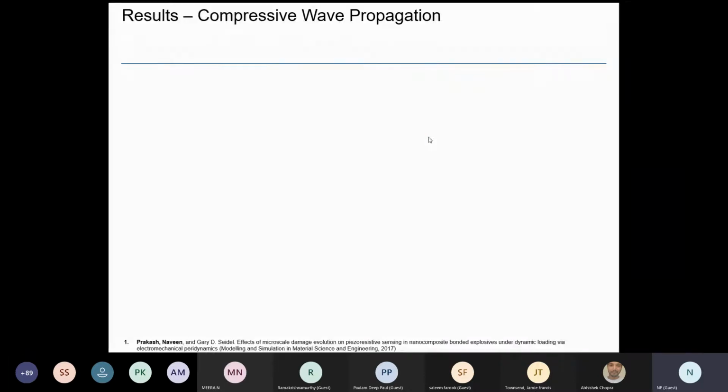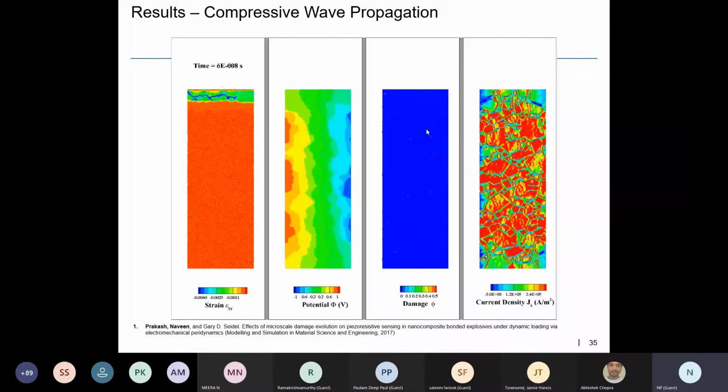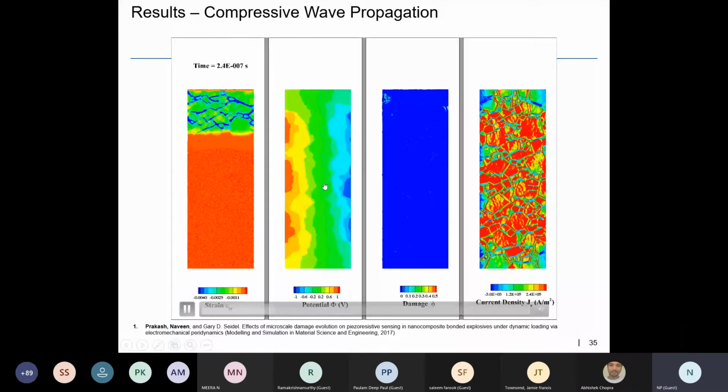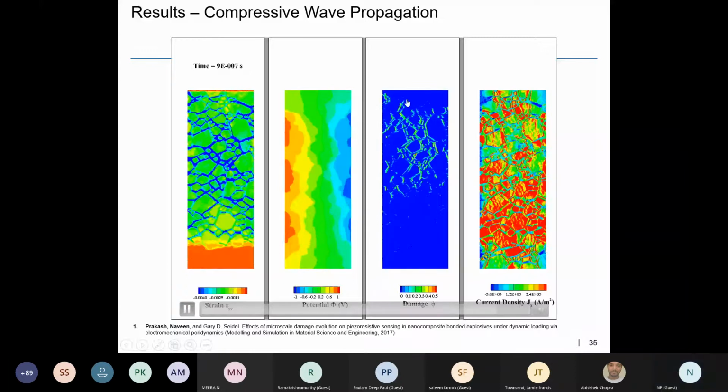I have some animations of, let's say, a strain wave going through this material, and the potential in three regions that we're looking at changing as the strain wave goes through and as damage propagates in the material.